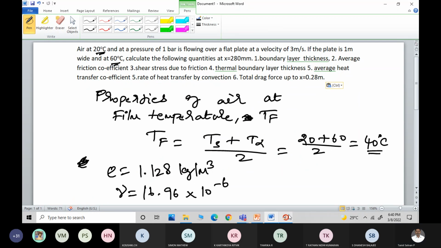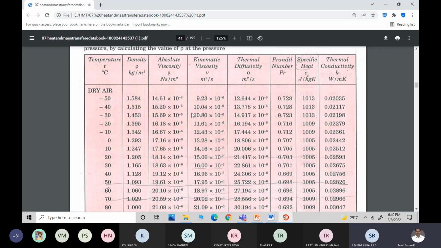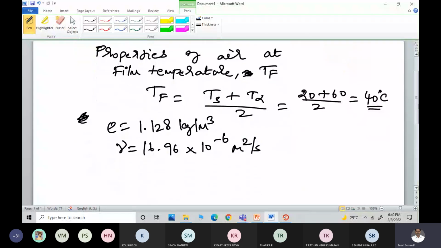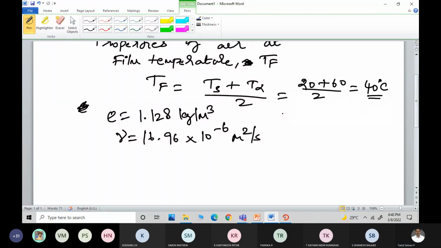Meter squared per second. Okay, and what is the third one? We want the K value, thermal conductivity. The K value is 0.02756 watt per meter Kelvin, and the Prandtl number. Okay, Prandtl number is how much? 0.699.